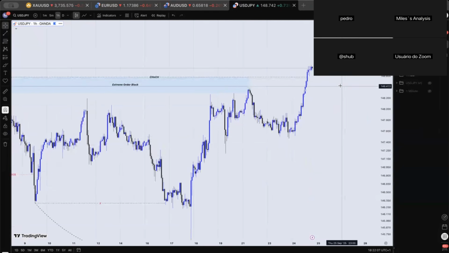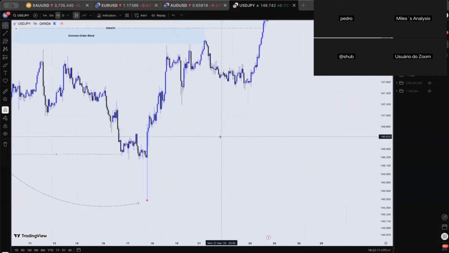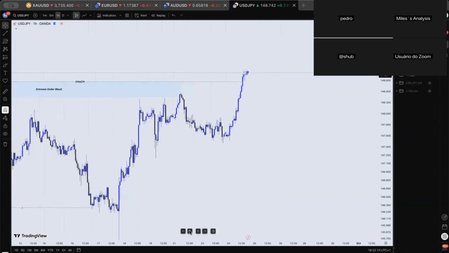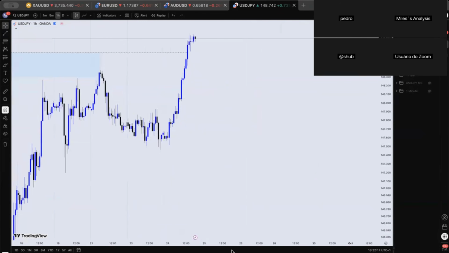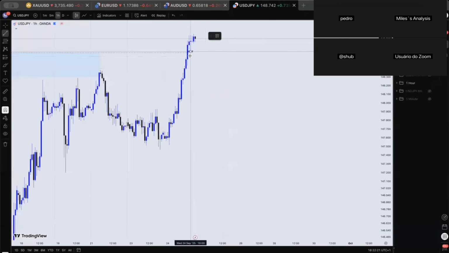And when price is going bullish, usually it comes back and retraces to rebalance all the zones that are left in this area. All these imbalances have to be mitigated. But on the 1 hour time frame, while we're still there, you can see that price created an inducement, which is here.